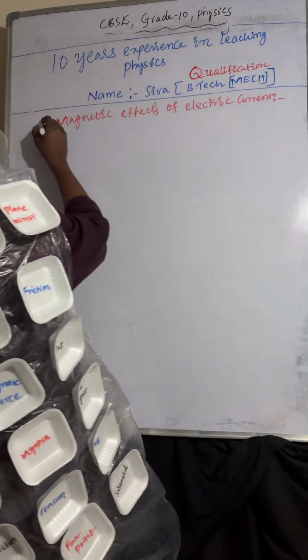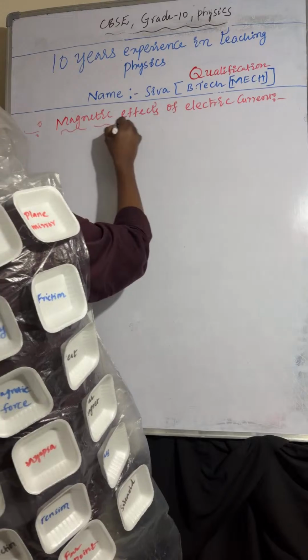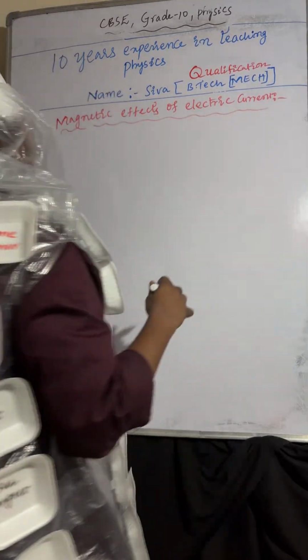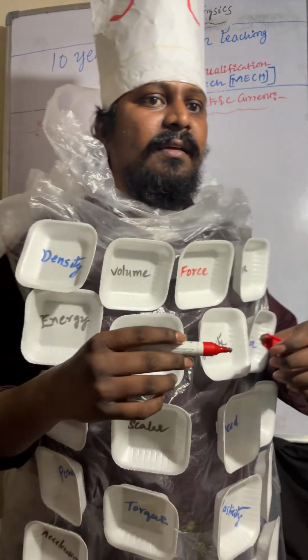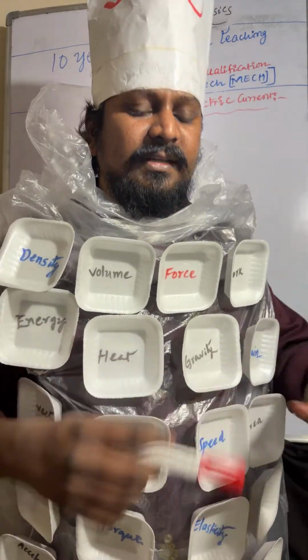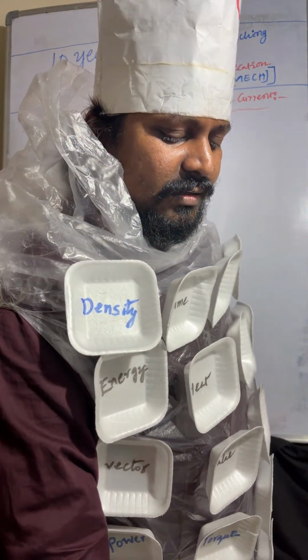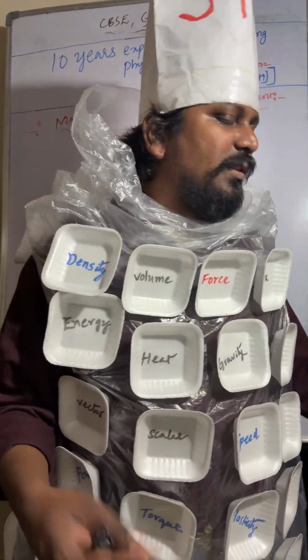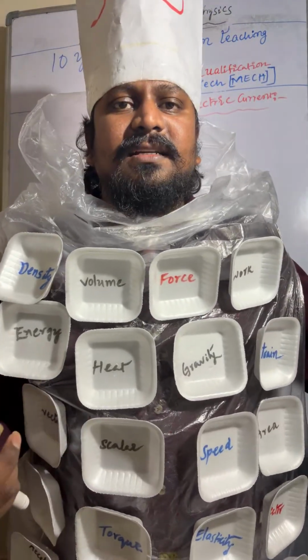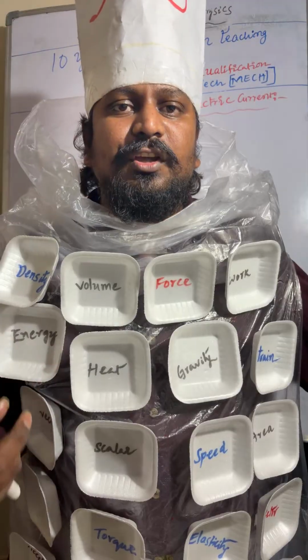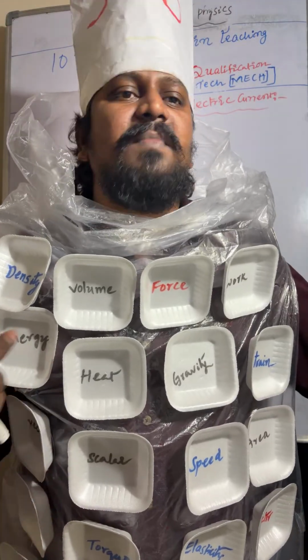Magnetic effects of electric current. When the current is passing through the conductor, it produces, it behaves as a magnet.